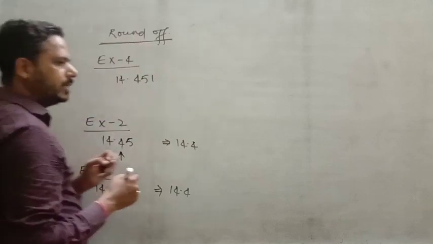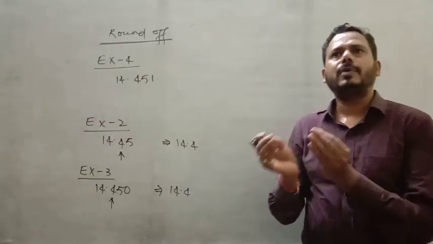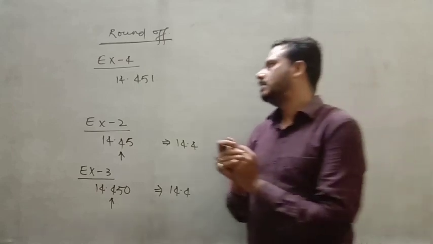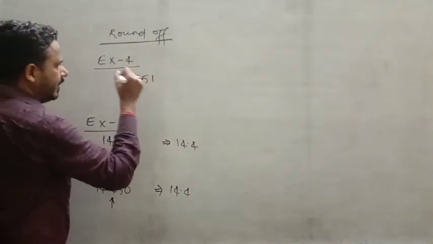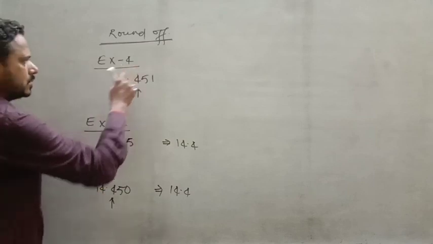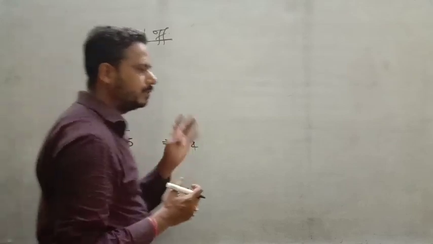I am going to increase the 0 by 1. So this one is 451 after the decimal, and you have to round off up to 3 significant digits. This one is your third number from left to right. You have to count it. Always you have to count from left to right.